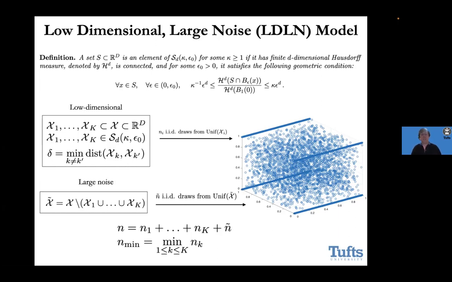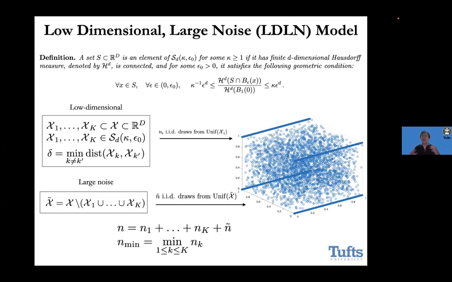We decided to parameterize low dimensionality in terms of manifolds. You can think of this definition that I'm writing here as saying that each of the support sets for the measures that make up this mixture model I'm sampling from needs to look, when I zoom in close enough, like a little d-dimensional set.